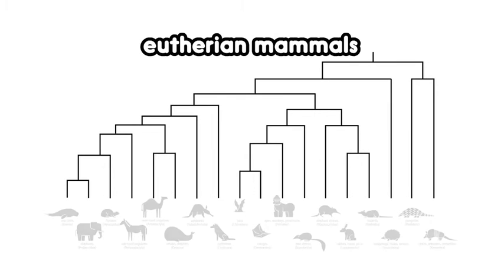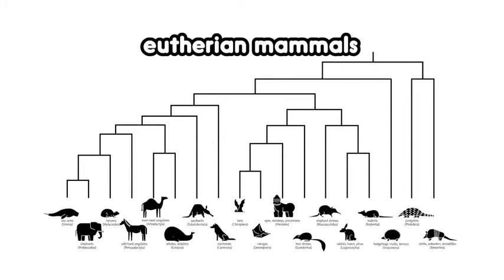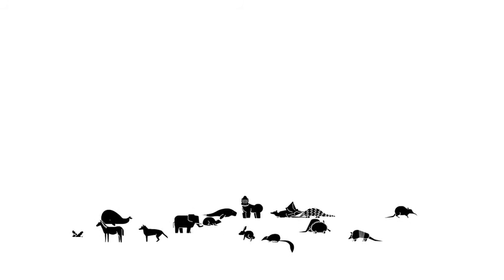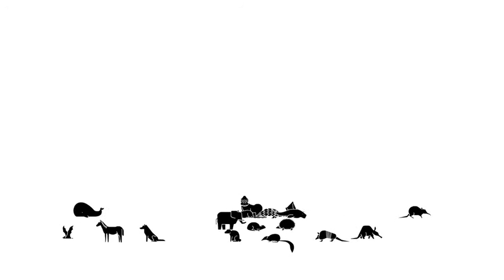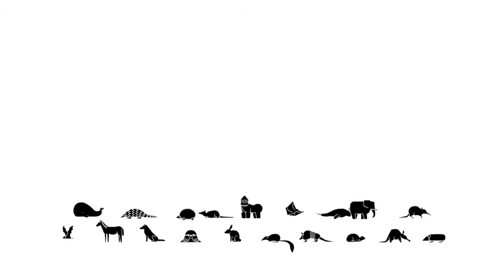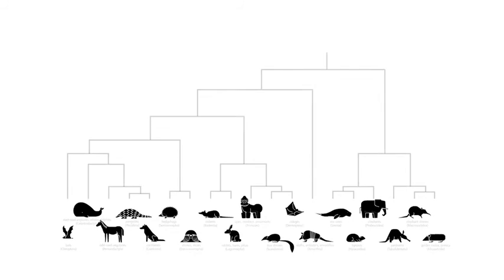Take eutherian mammals. This is how scientists once thought they were related. The tree is based on anatomical studies and information from fossils. But molecular evidence tells us a different story. Molecular evidence has resulted in evolutionary trees being abandoned, rebuilt, and rearranged.